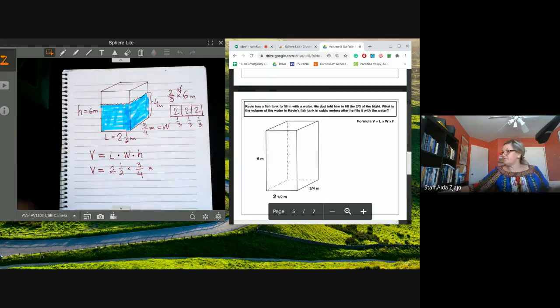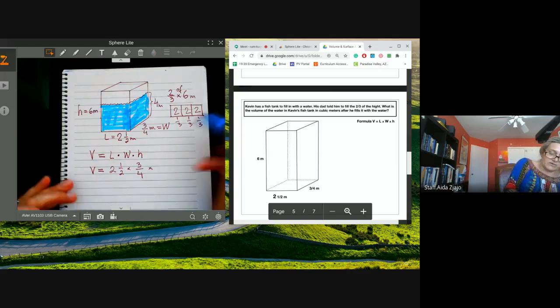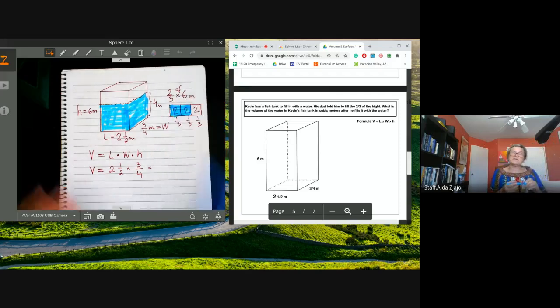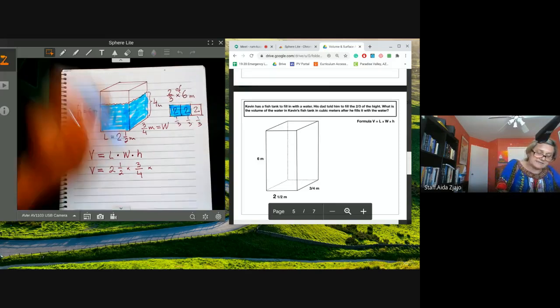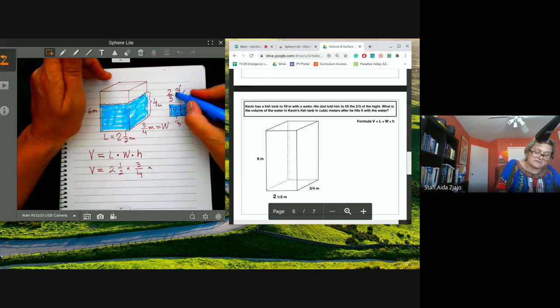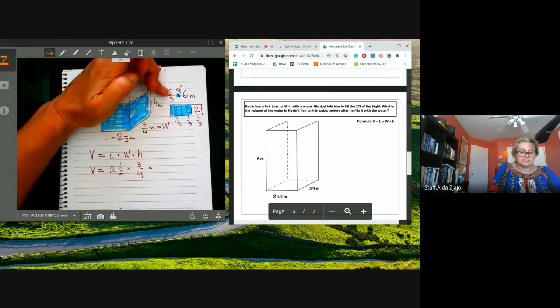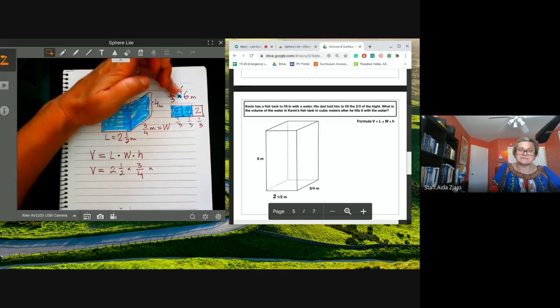So 2/3 of the number 6 is actually 4. When I am reading this multiplication with the whole number, I am asking myself, what is 2/3 of 6?